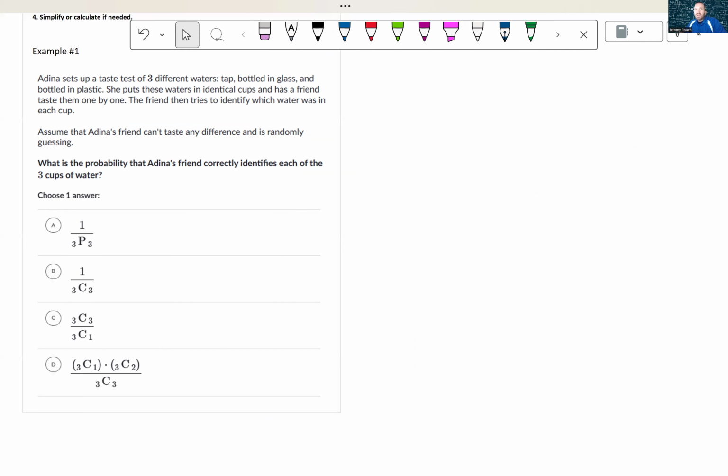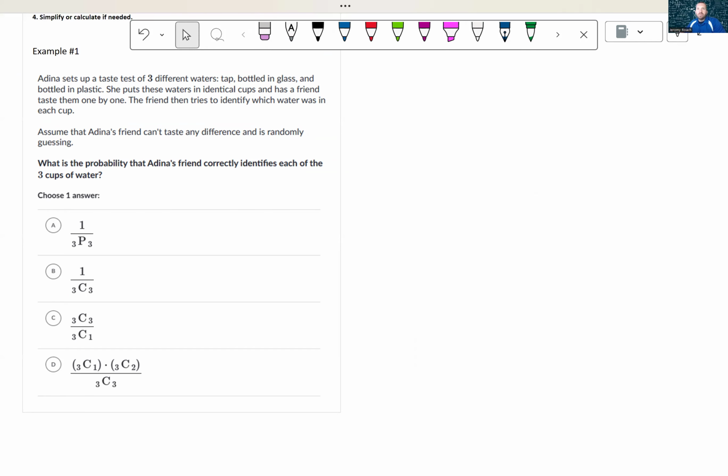So to count all the possible outcomes, we need to figure out, does changing the order or the arrangement create a different outcome? And here the answer is yes. So if we put tap water in cup number 1 and bottled water in cup number 2, that's different from switching them. So the order matters. We're going to use a permutation.